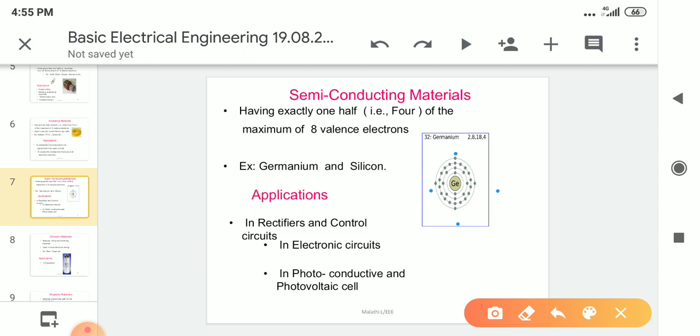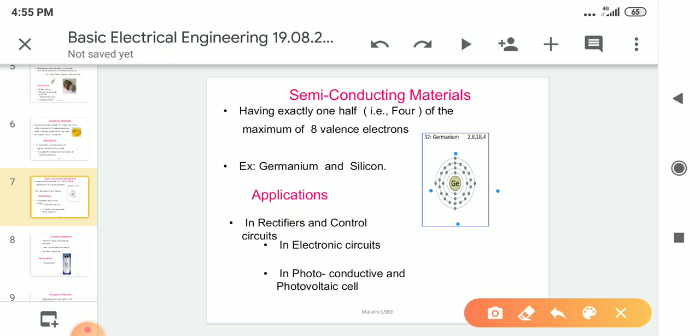That's why its properties lie between those of insulators and conductors.